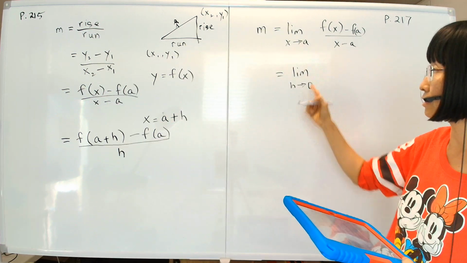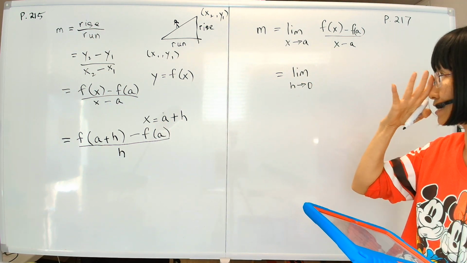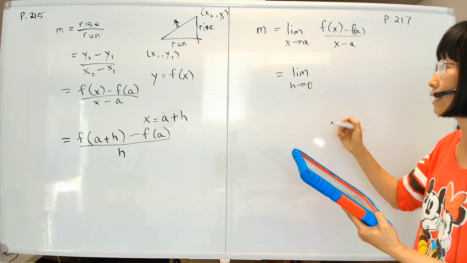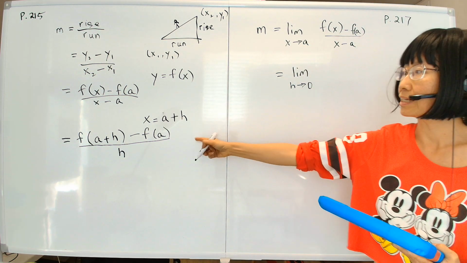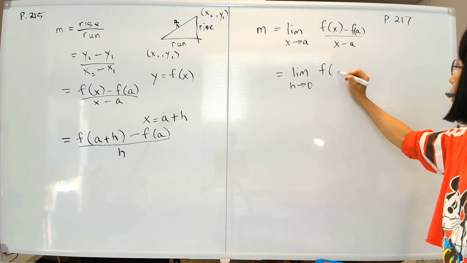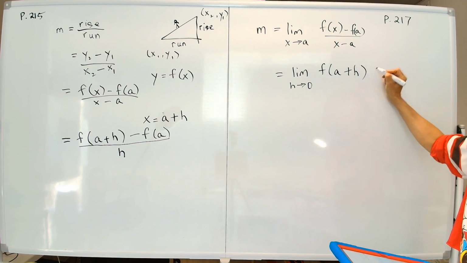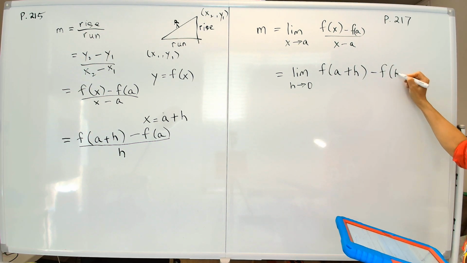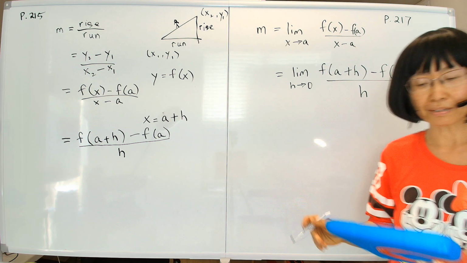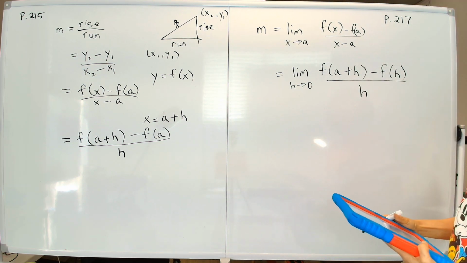So these are the same thing. The difference between x and a goes to 0. Then you copy that formula down: the limit of f of a plus h minus f of a, divided by h, as h approaches 0. And that's the definition of the tangent line.